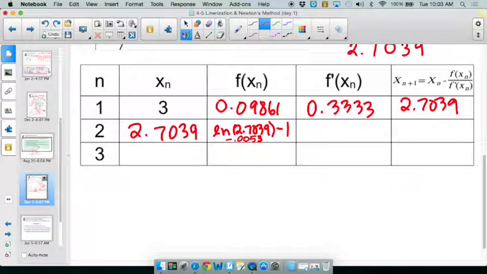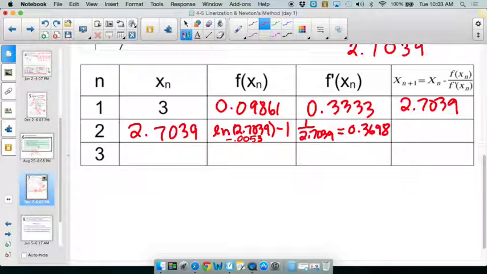Okay. And then we need to find the derivative, which is 1 over 2.7039, which is how much? 0.3698, and then we can find our next guess.